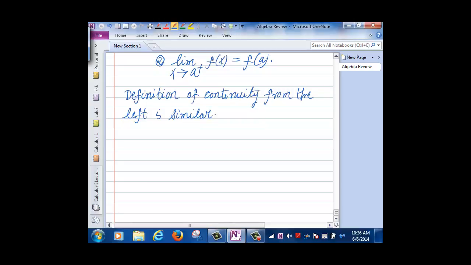Suppose that I have a closed and bounded interval from a to b, with a less than b. Let f be defined on the interval from a to b.